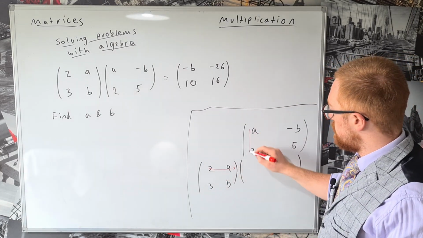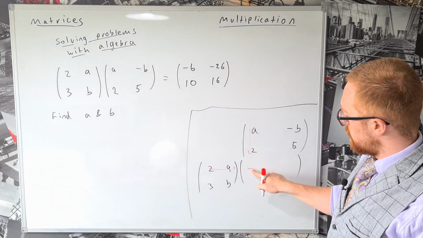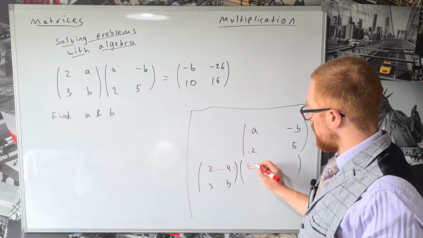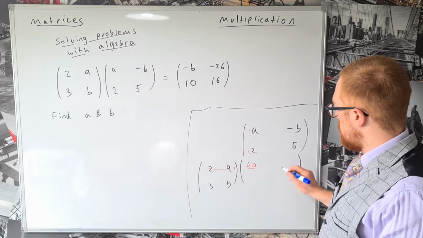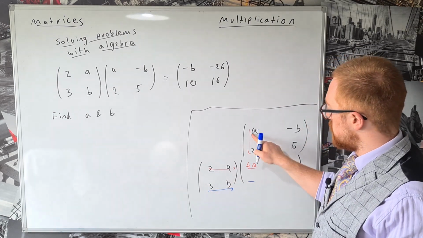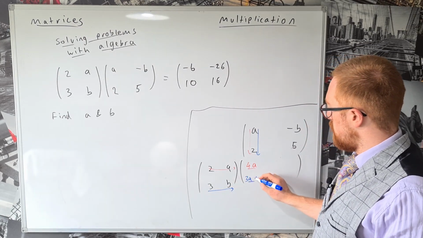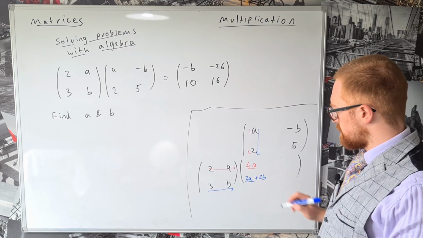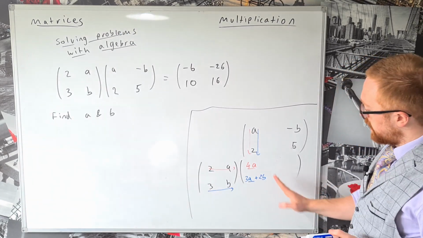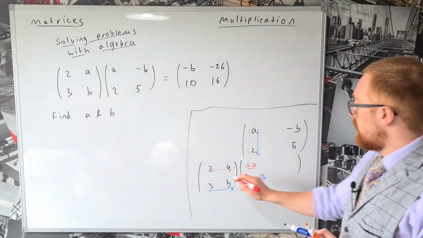So here, this one is going to be 2 times A and 2 times A, which we add together, we get 4A. This entry is this column times this row, which is 3 times A plus 2 times B. And here you see why it's a good idea to make these a bit wider, so we've got a bit more space.